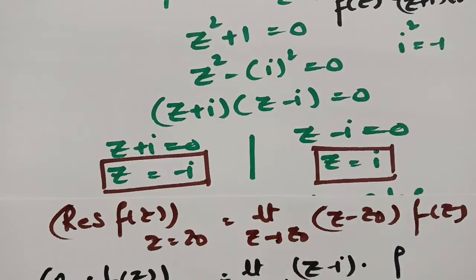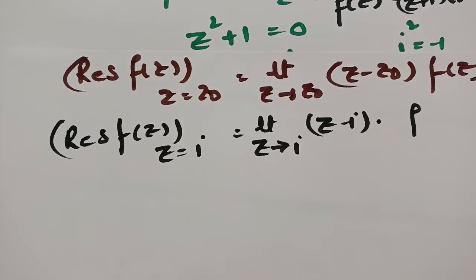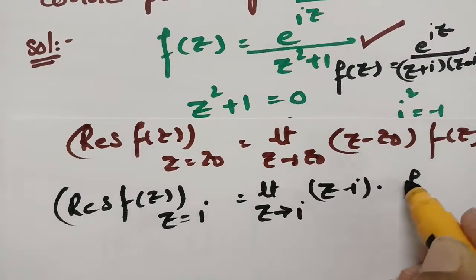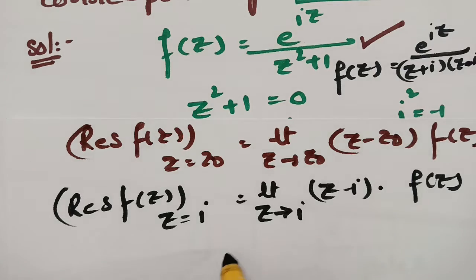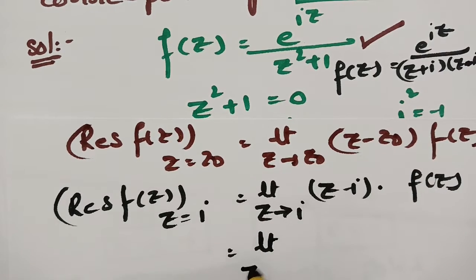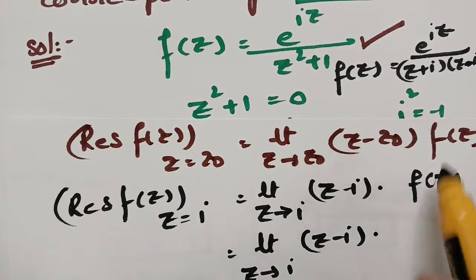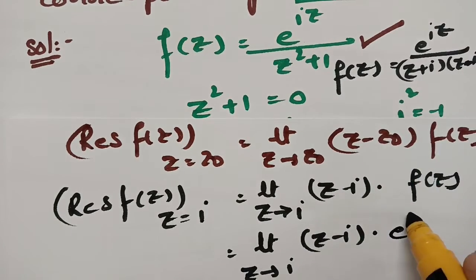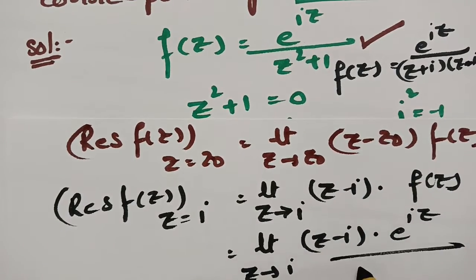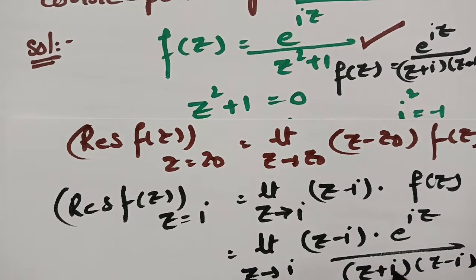So our f of z value is nothing but, see, what is this f of z? So this value is f of z. And in the next step, limit z tends to i, this is z minus i into, what is our f of z value? That is e power iz by z plus i into this value, z minus i. Clear?